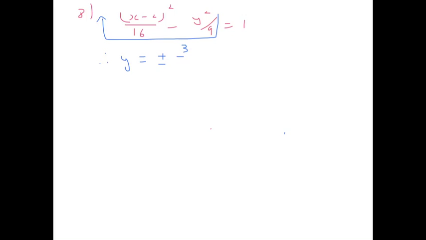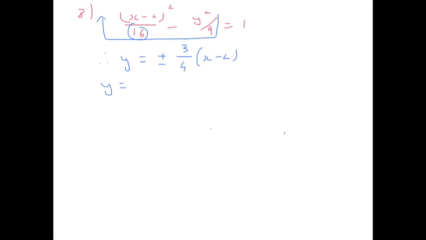Question 8. Asymptotes. Okay, so let's have a look. x minus 2 squared over 16 minus y squared over 9 equals 1. So the first thing we do is follow the box. So therefore y equals plus or minus the square root of 9, 3, divided by the square root of 16, 4, bracket x minus 2. Let's expand.